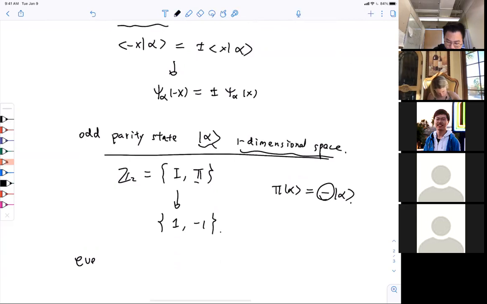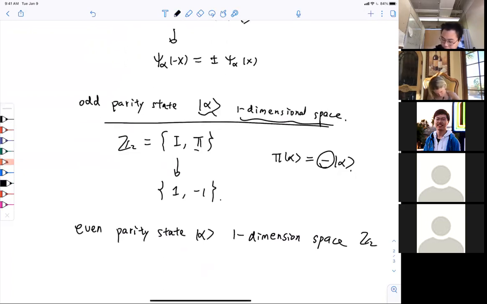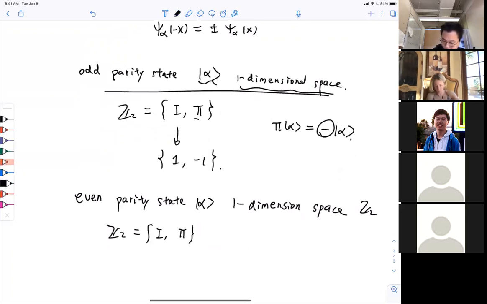And the even parity state is also a one-dimensional representation space for this Z2 group, but it's a trivial representation. As you can see, pi acting on the state alpha is trivially 1, right?